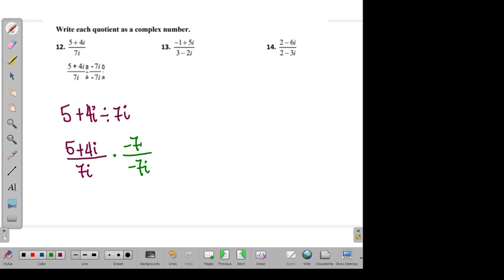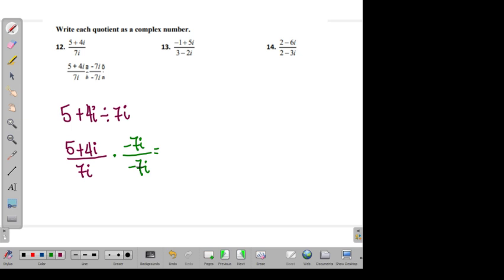And you multiply it with 7i, and that's why they call it division. Do you remember when you were learning division of fractions? Instead of dividing, you switch the second fraction by its reciprocal, and you change the sign to what? Multiplication. I hope you remember that.